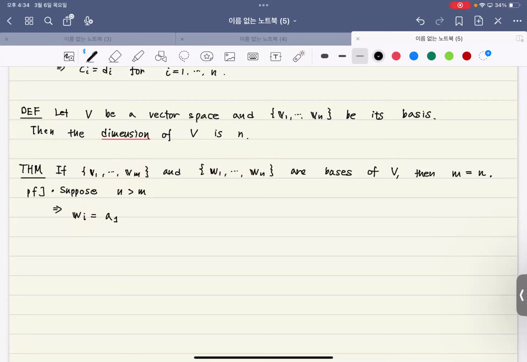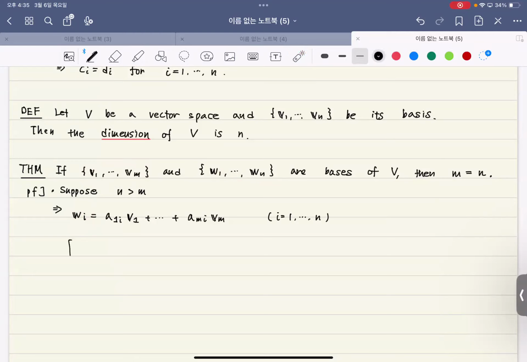I will need to use double indices, like w_i equals a_1i v1 plus up to a_mi vm. Yes, this is right. So wi can be written as a linear combination of these basis vectors. And even though I have written down only one equation, I have n such equations, right? So i varies from 1 to n.